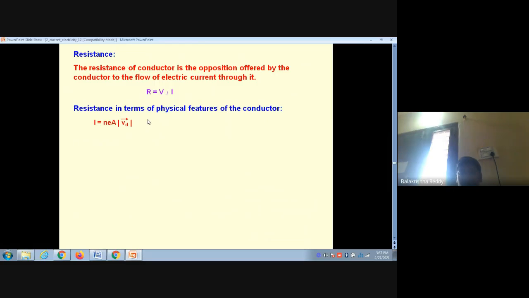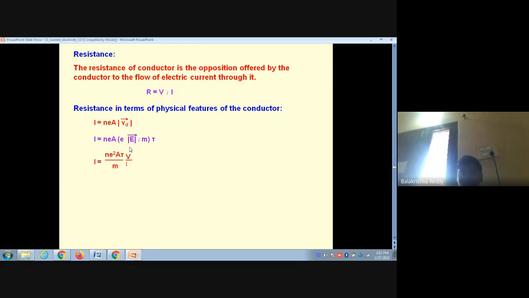The magnitude of drift velocity, in terms of the electric field, is V_d equal to E into modulus of E by M into tau, where tau is the relaxation time.